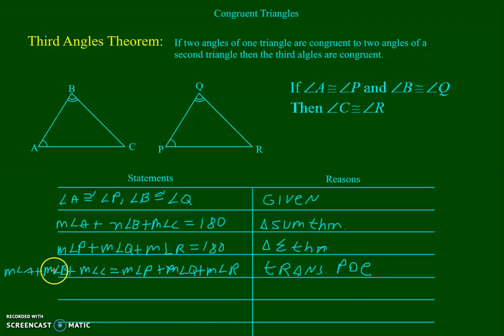Okay. Now we know that angle A is congruent to P and B to Q. So we can say the measure of angle A equals the measure of angle P, and we know that the measure of angle B equals the measure of angle Q, and that's the definition of congruent angles.